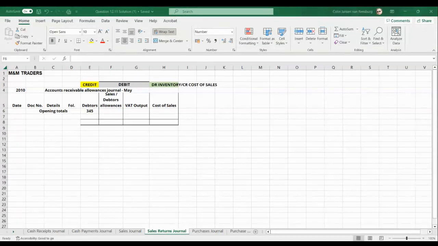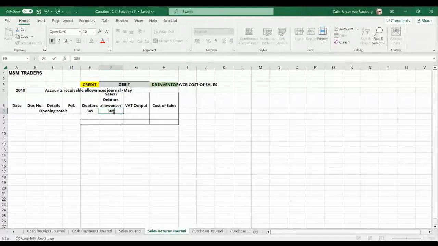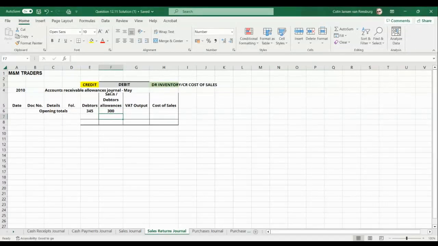Sales returns 300. And as we can see, we can either debit the sales when there's a return, or we can debit debtors allowances. We'll talk about that a little bit later.